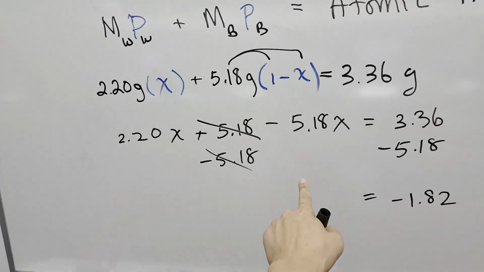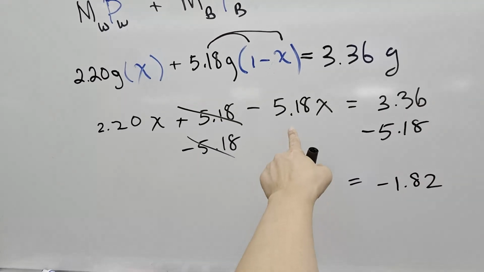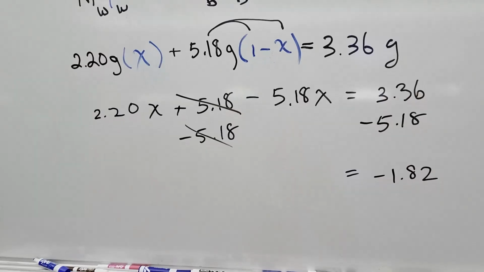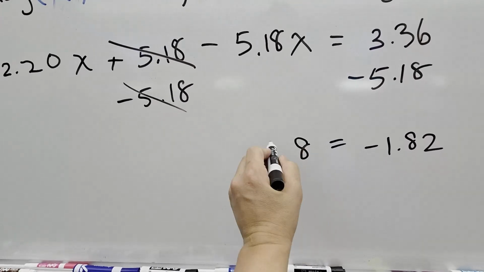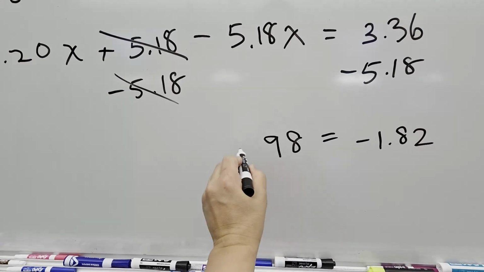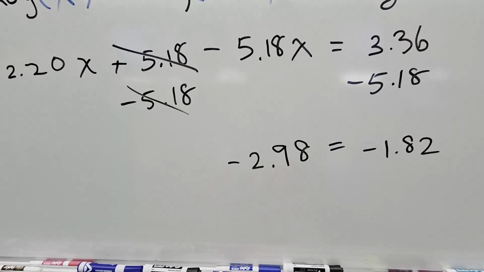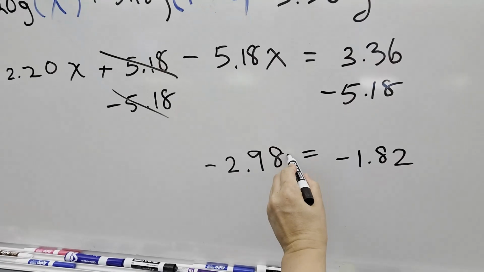And on the left, we'll just combine them. So it's 5.18 minus 2.2. We don't need a calculator for that. Whoops, almost forgot my x.